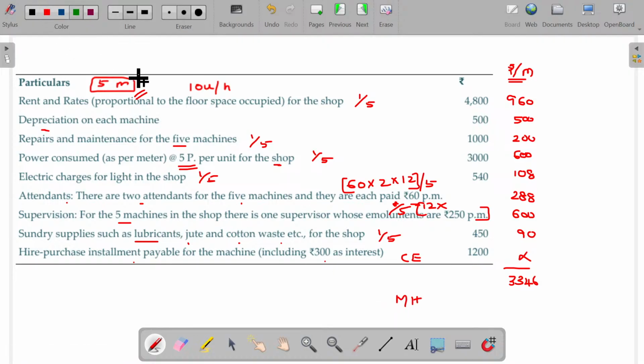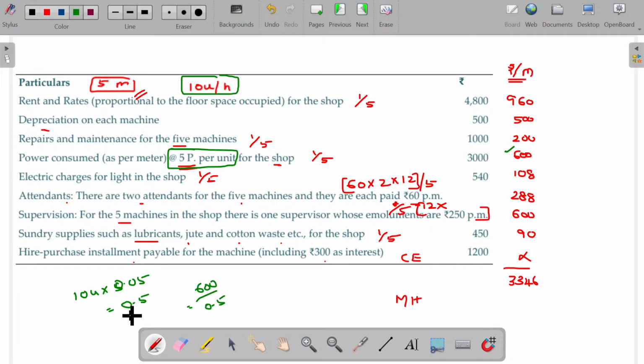Machine hour information is missing, but 10 units are consumed per hour, and 5 paise per unit. Then what happens? 10 units at 5 paise means 50 paise will be the power cost per hour. Is that okay? Now you pay how much? 600 rupees per machine per annum.